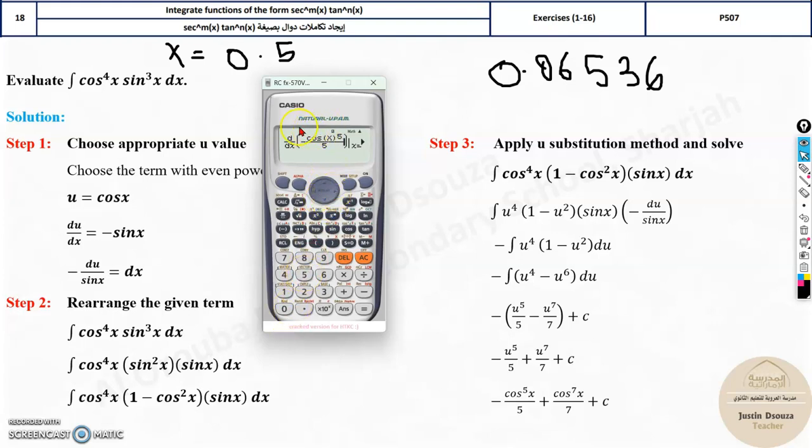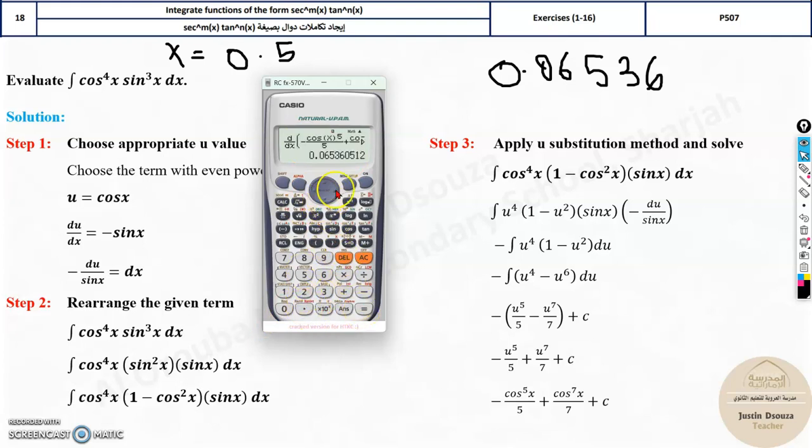I'm not putting the brackets because it'll be very clumsy over here. Or you can put the brackets, it's the same thing. Cos x, that is alpha and x, close the bracket, to the power 7 divided by 7, and plus c. C is any constant. You can write anything or you can leave it blank. It's the same thing. I'm just writing to show you that it does not make a difference.